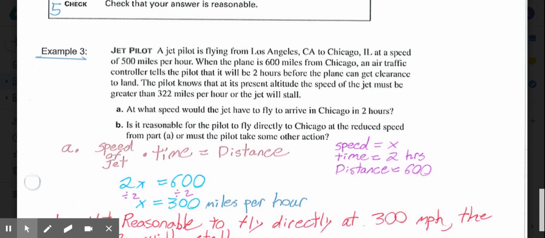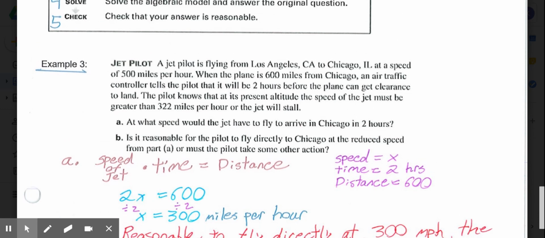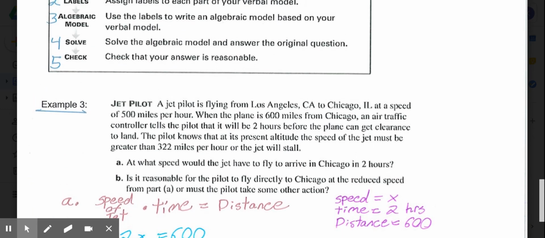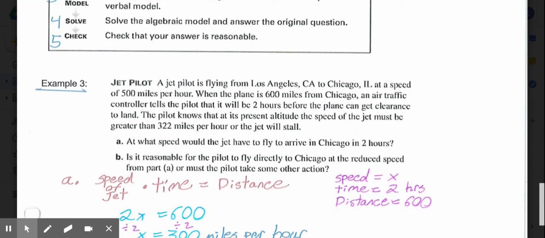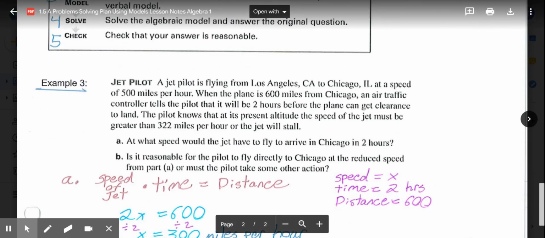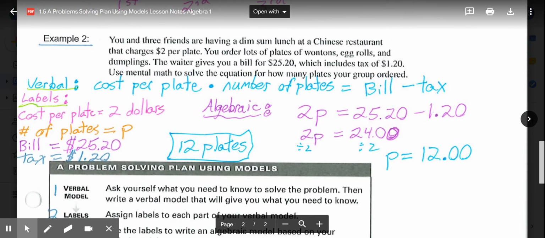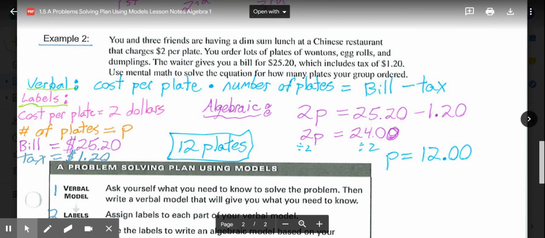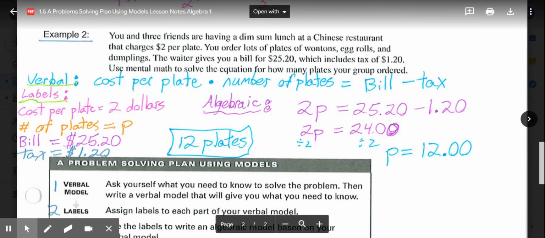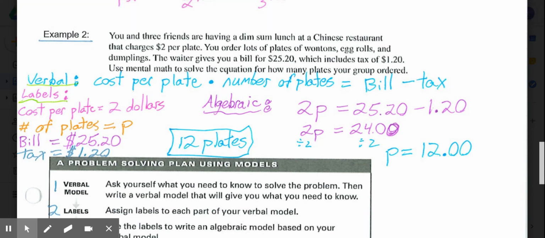So as you go through the process today, I'm not super concerned about the verbal models in great detail. You can write them nice and short like I did: cost per plate times number of plates equals bill minus tax. The labels you should try to come up with, and again, solving the algebraic models.